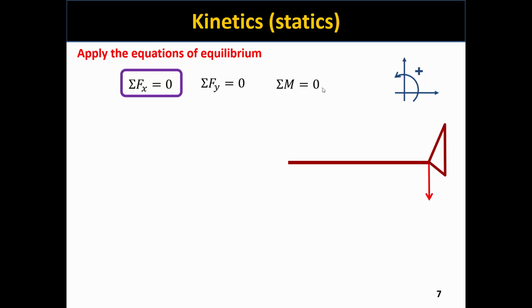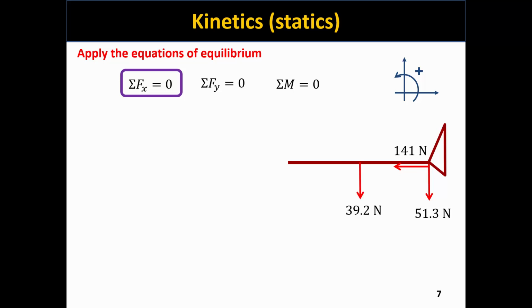Redrawing our free body diagram, we have 51.3 newtons. Note I didn't put the negative sign here when I labeled this component vector, because the arrowhead already indicates it's going in the negative direction, so we don't have to add the negative here. We have the x component of the elastic band at 141 newtons.